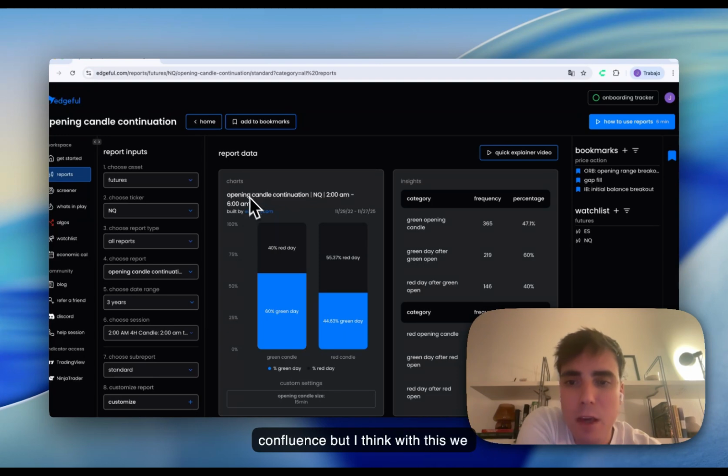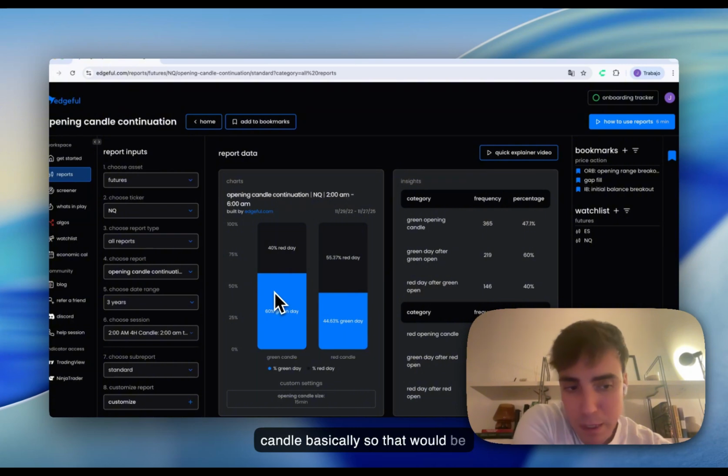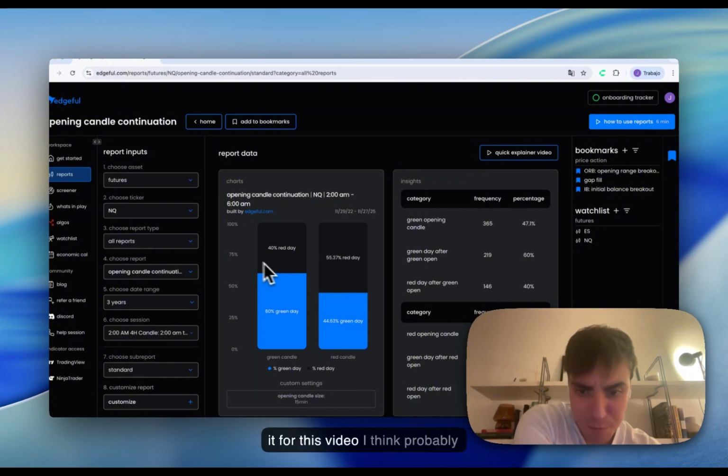But I think with this, we can pretty much say that the 10 a.m. candle is the one that has clearer directional movements and bias. That gives us a little more context on which 4 hour candle we need to be looking to trade, and that would be the 10 a.m. candle, basically. So that would be it for this video.